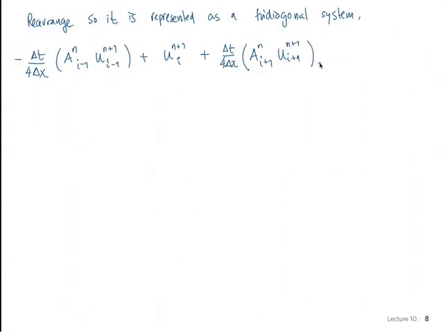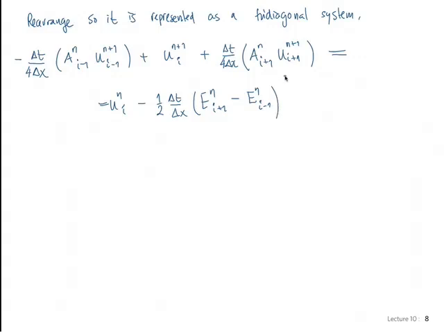So here are our three unknowns with their coefficients, and this is equal to u at n, i minus 1/2 delta t over delta x, the terms with e at n, i plus 1, minus e at n, i minus 1.